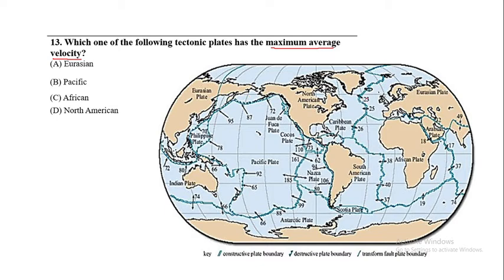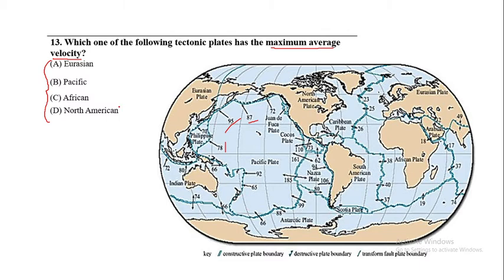You can see various plates: Eurasian plate, North American plate, Caribbean plate, South African, everything is here, and all the plates are moving with various velocities. We need to find which one has the maximum velocity among these four: Eurasian, Pacific, American, North American.